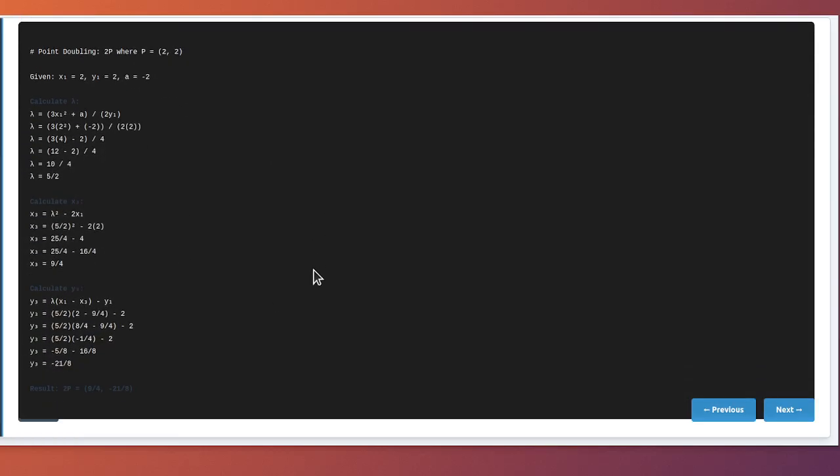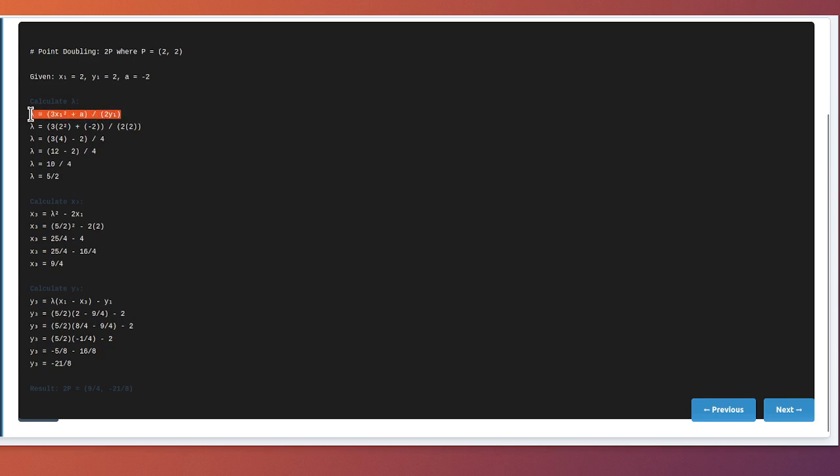Let's compute 2p where p equals (2, 2) on the curve y squared equals x cubed minus 2x. We use the point doubling formulas. The curve has a equals negative 2, so we will need that in our slope calculation. First, compute the slope lambda.